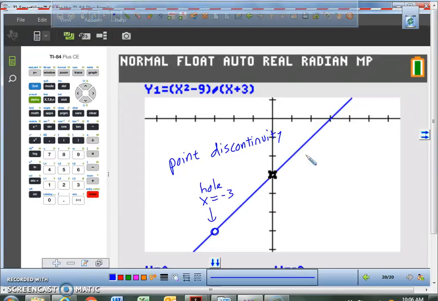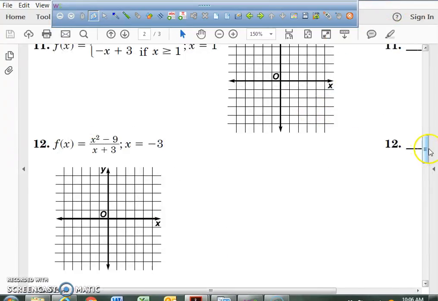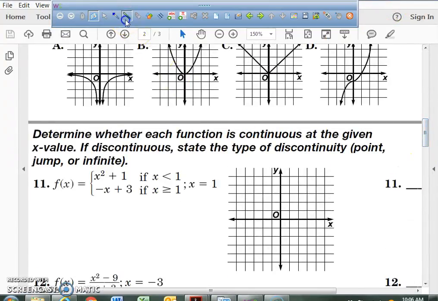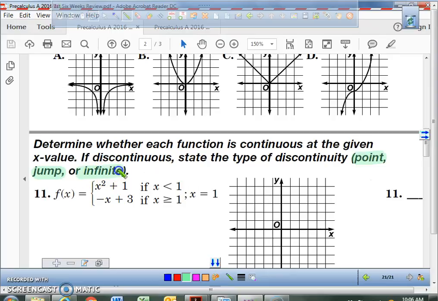By the way, there's only 3 options when it comes to discontinuity, all right? And if you're wondering what those 3 options are, let me relieve you of your anxiety. I'm going to highlight it. It says if discontinuous. I gave you a hint. It's either point, jump, or infinite. So if you forget, those are your 3 options.